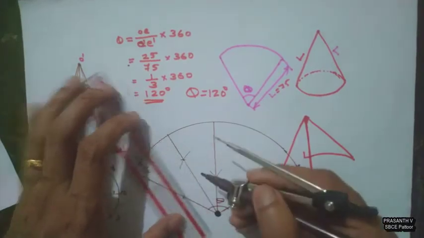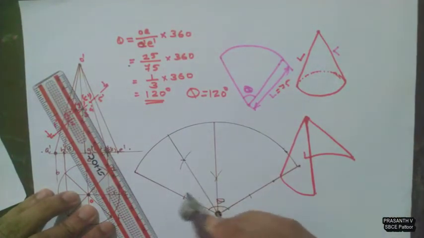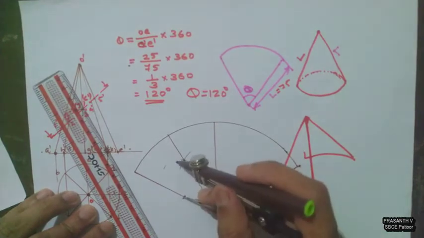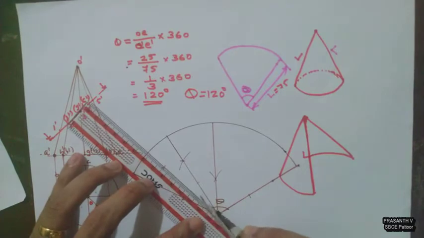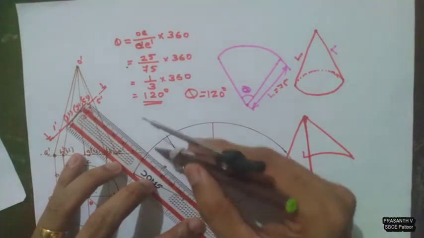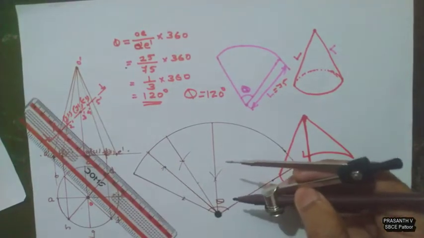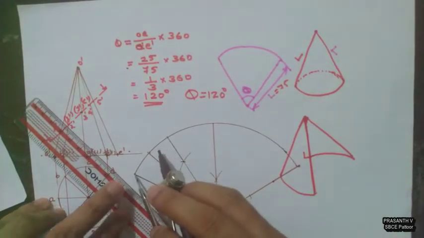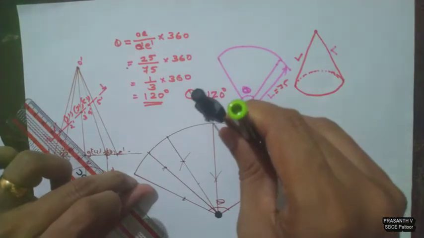One more you have to divide. Again you have to divide this portion into 2 equal parts. See, by this you will get the least division in this development. Now take this distance using a compass and mark it here also.